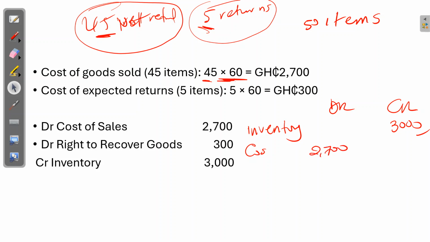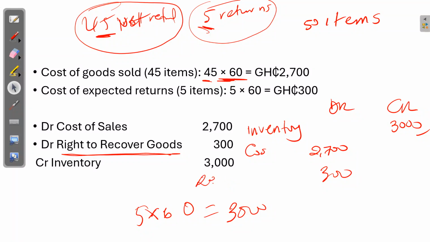2,700. And then the five items that may be returned to us: 5 times 60 is 300. That will be an asset, called the right to recover goods.